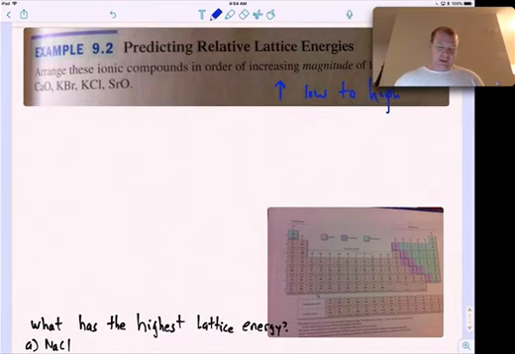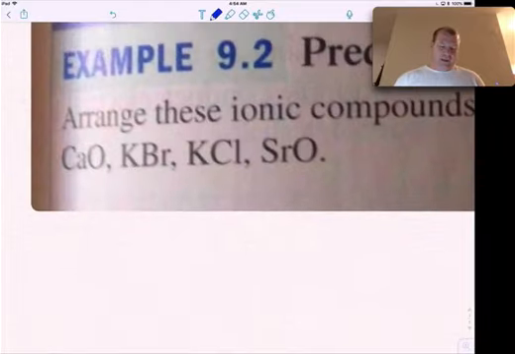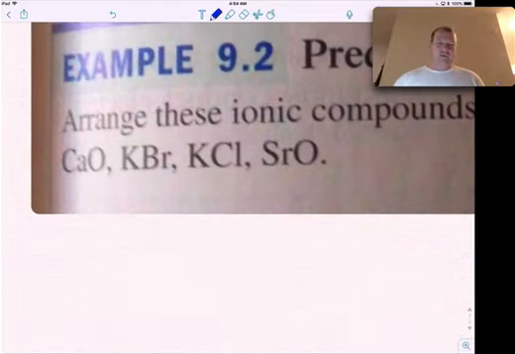Okay, so let us arrange these ions in increasing magnitude of lattice energy, low to high. We have calcium oxide, potassium bromide, potassium chloride, strontium oxide. In the order of importance, the charge is more important than the size. So the bigger the atom, the smaller the lattice energy, or the smaller the ion slash atom, the stronger the attraction, and the bigger the charge, the stronger the attraction.